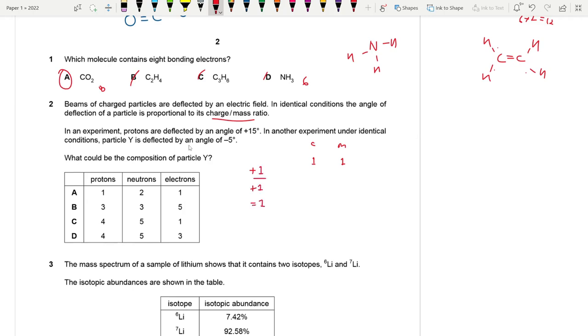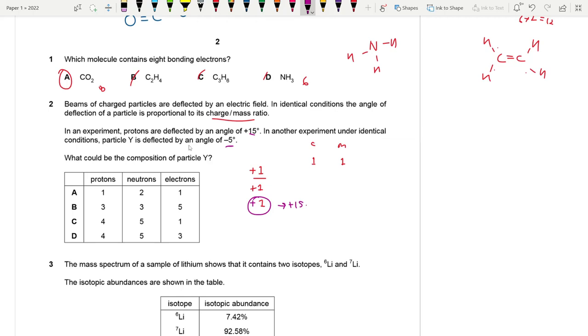That's actually plus 1 basically. So what can we understand? Like the ratio of plus 1 gives an angle of plus 15. Okay, so clearly Y is deflected by an angle of minus 5. So our particle must have a negative charge in total, or else it can't be deflected like that.